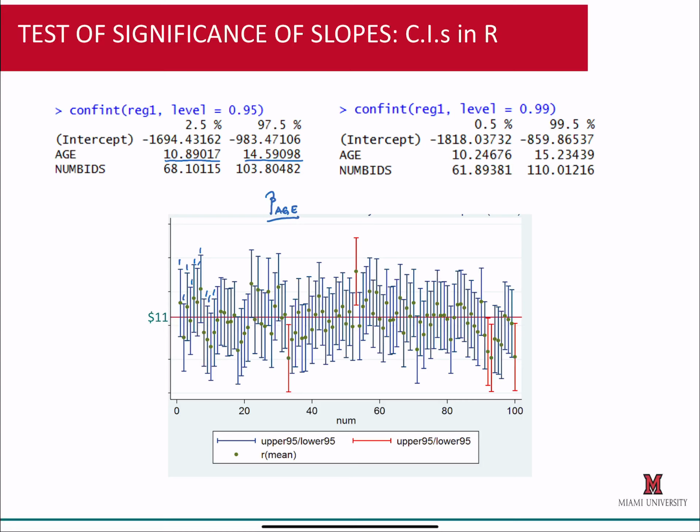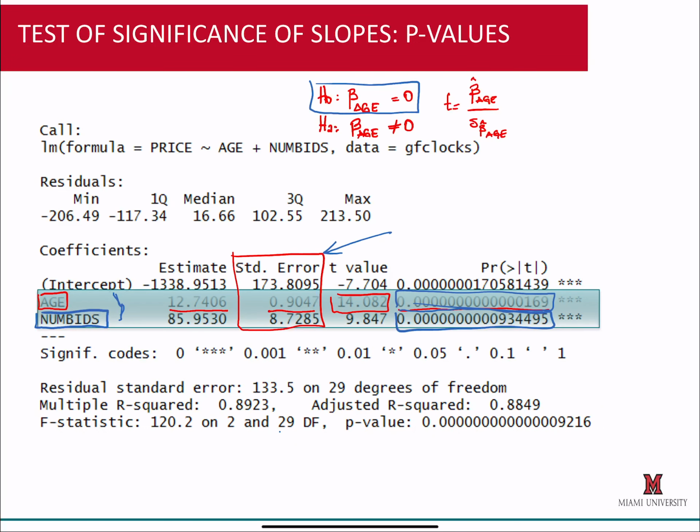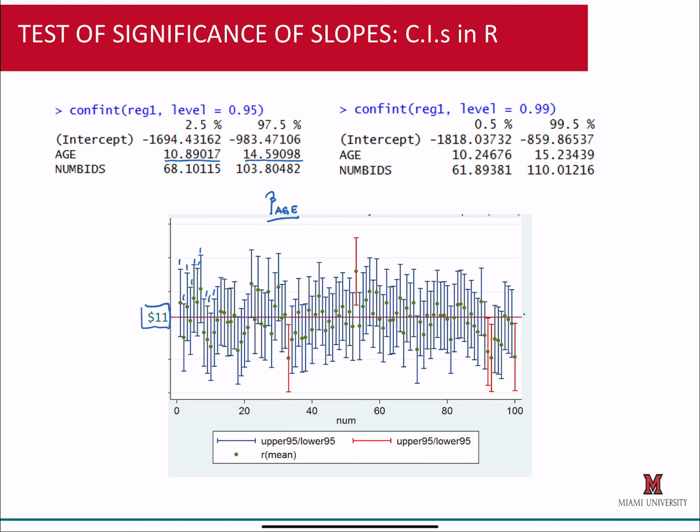So let me give you an idea. If that true slope is 11, meaning that as the age of the clock increases by 1 year, then on average the price increases by $11. That slope will remain constant. That doesn't change. That is the true value. The confidence interval basically means that if we actually did make multiple samples, and remember this regression is based on a sample of 32 observations, then if we made a sample of 32, in that sample we will capture the true one.